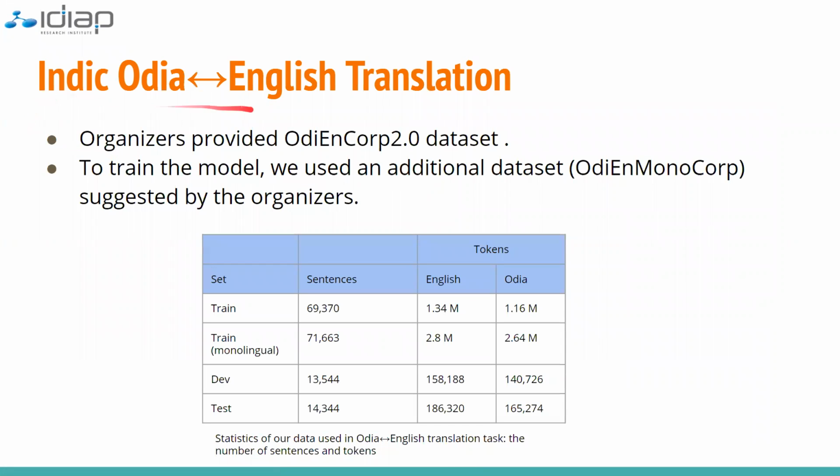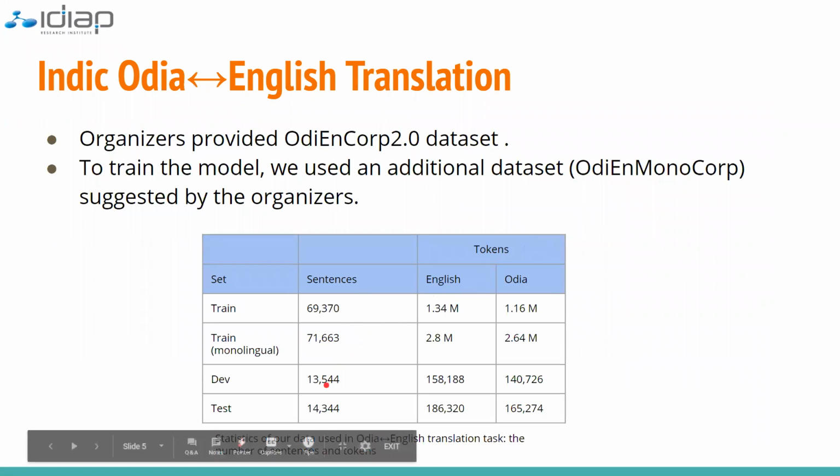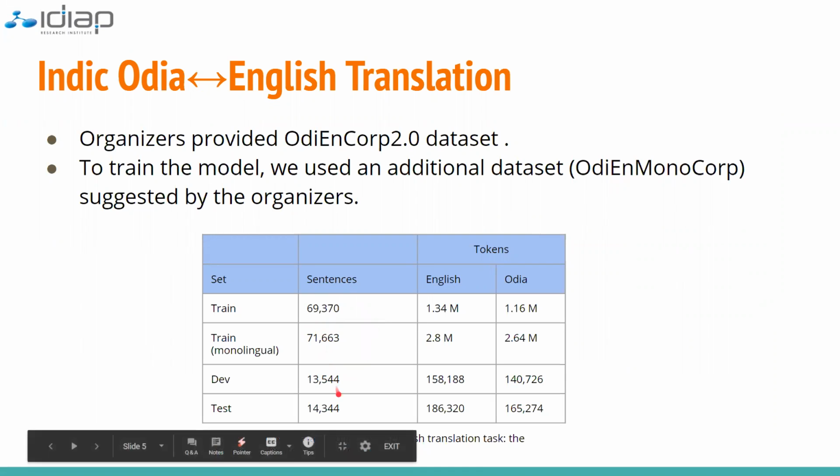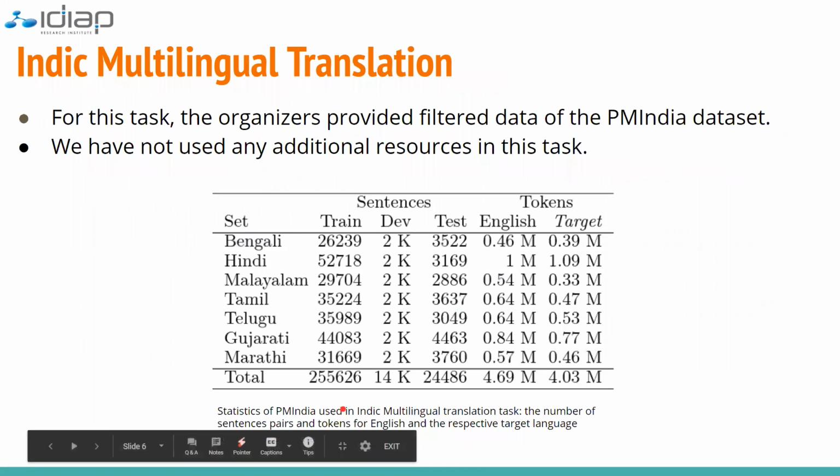And for Odia English translation, the organizers provided the OdiEnCorp 2.0 dataset, and we used an additional dataset, OdiEnCorp Monocorp, to increase our training set size.